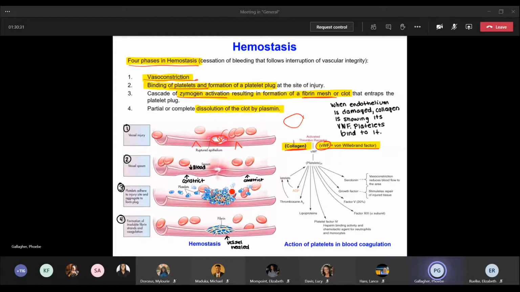In order to stabilize that and make it a stronger clot, you're also going to have this fibrin mesh intertwined with it. And then part 4 is the dissolution of the clot, because you don't want it to be there forever. Eventually your vessel is going to be healed and you're going to want to have it break apart.